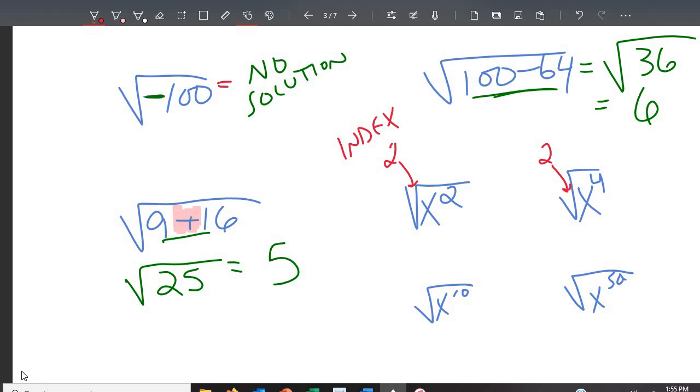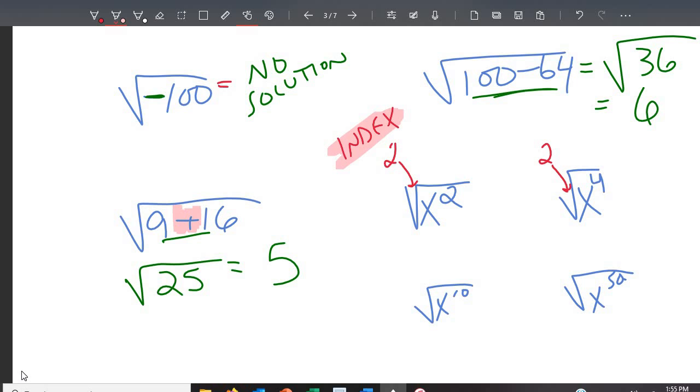A square root, the index would be 2. If we have a cubed root, the index is 3. If we have a 500th root, the index is 500, and that's going to come into play later on. So I want you to know what the index is. It's the number of the root.